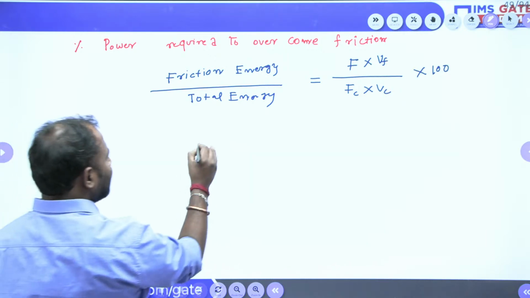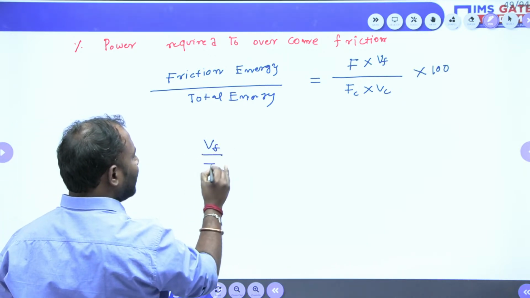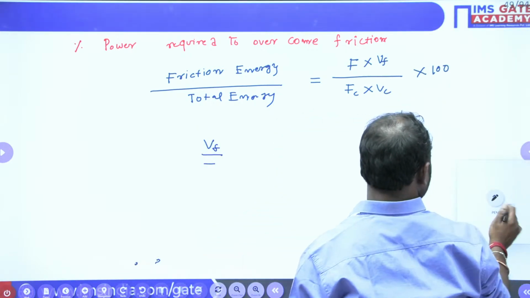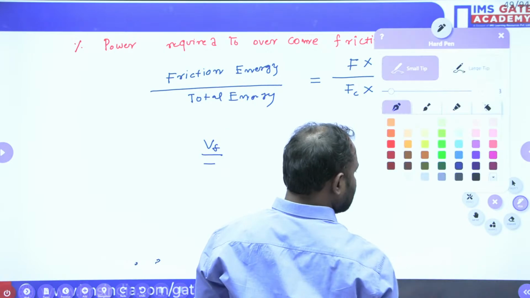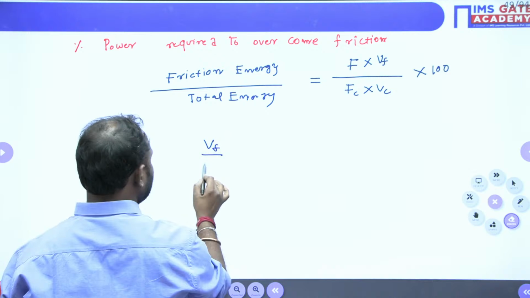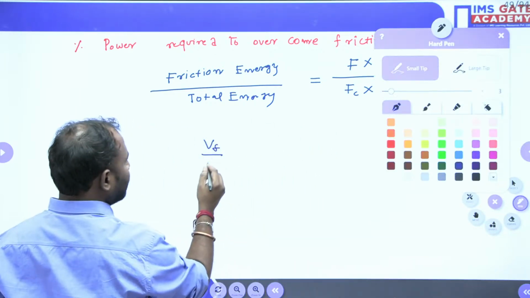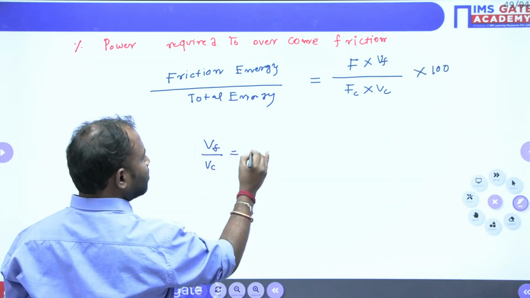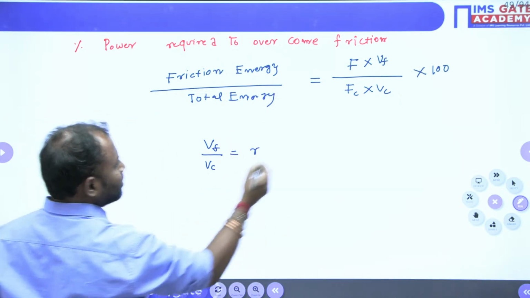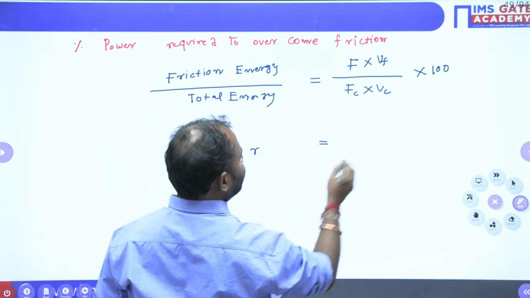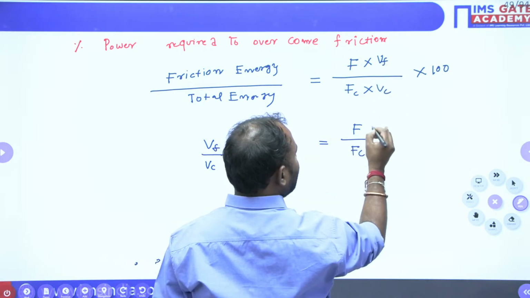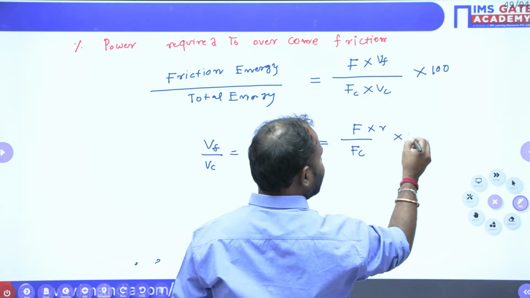We know that Vf by Vc equals r. Now let me rectify my formula: it is F by Fc into Vf by Vc, that is equal to F by Fc into r into 100.